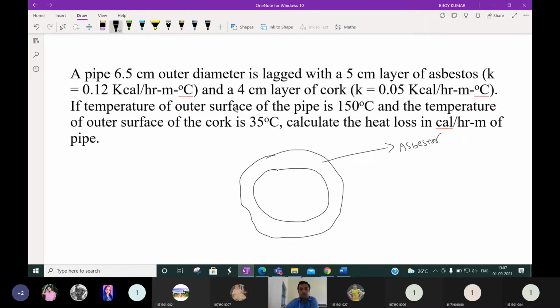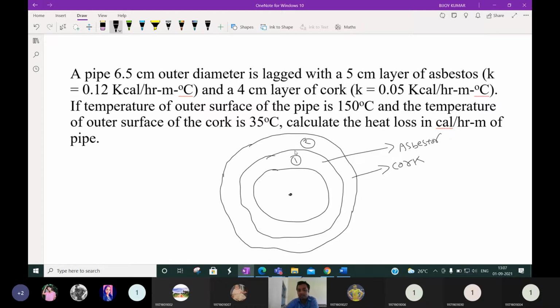And a 4 centimeter layer of cork, another layer is there. This layer is called the cork layer. So what you can see is here it is one cylinder, this is second cylinder. This is the cross-sectional image of the cylinder.